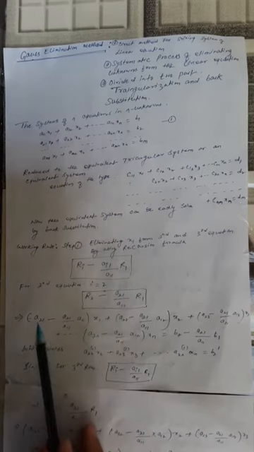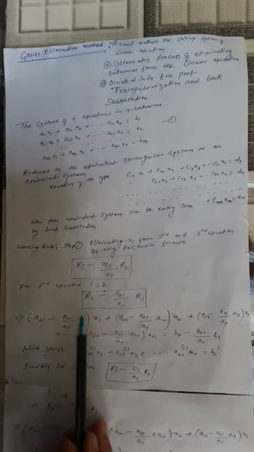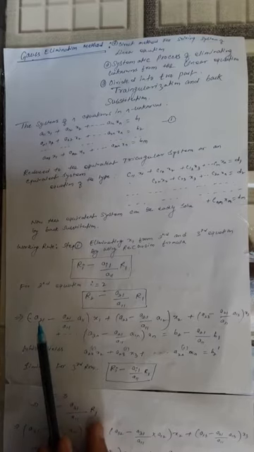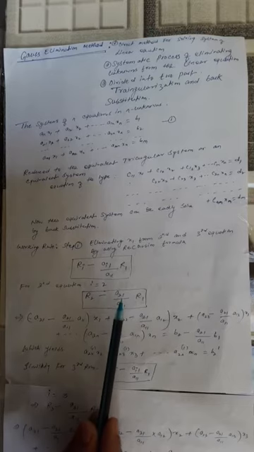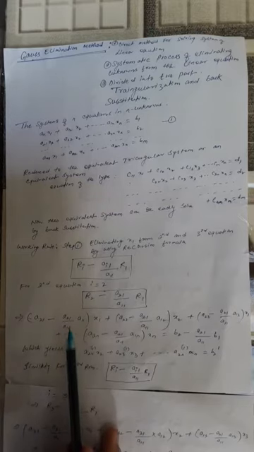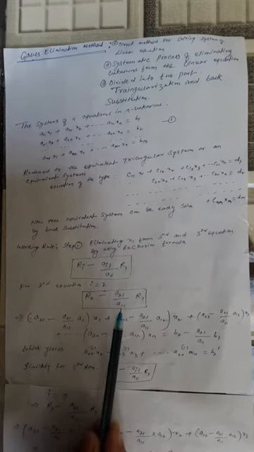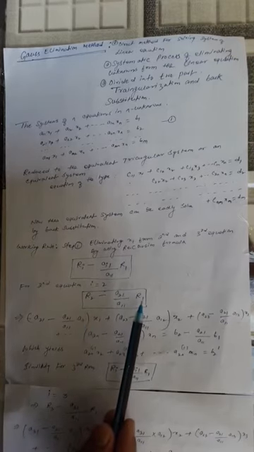When we expand this, the first element of R2 is A21 minus (A21 divided by A11) times A11, where A21 divided by A11 is fixed and A11 is the element of row 1.